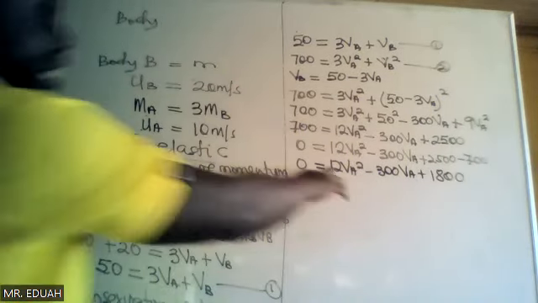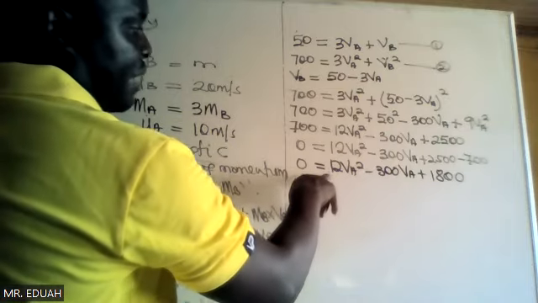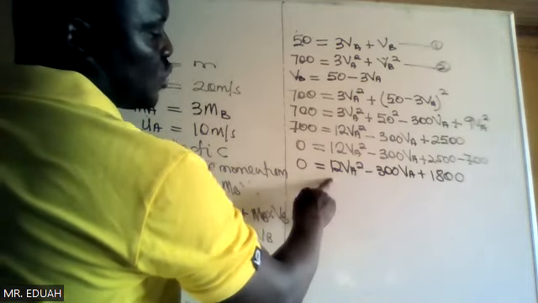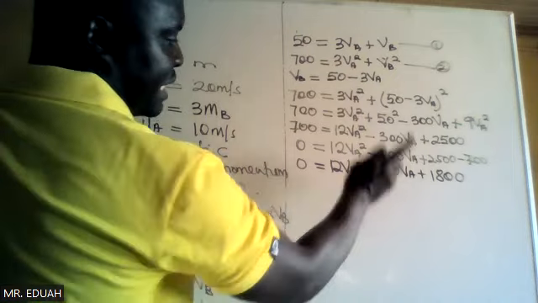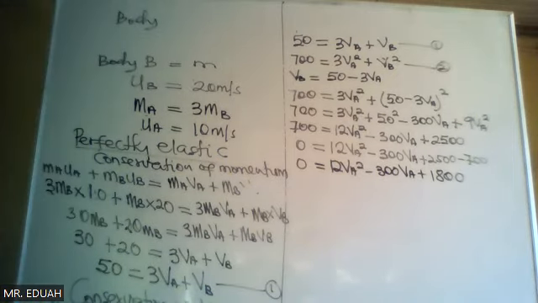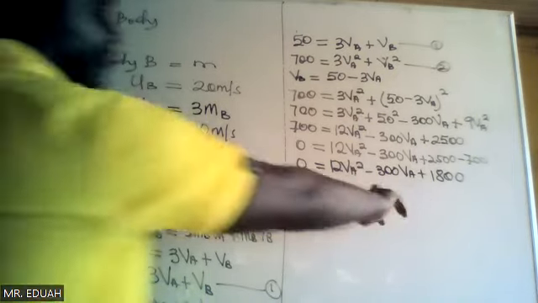We can further break this down to its least term, because 2 can go into this, and 2 can also go into this. Can we divide by 4?